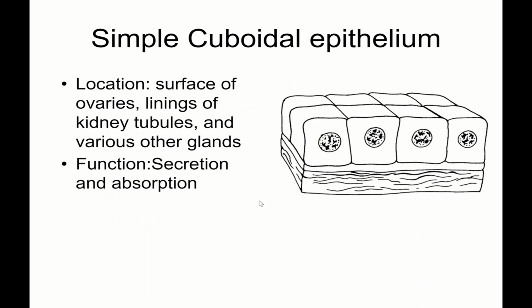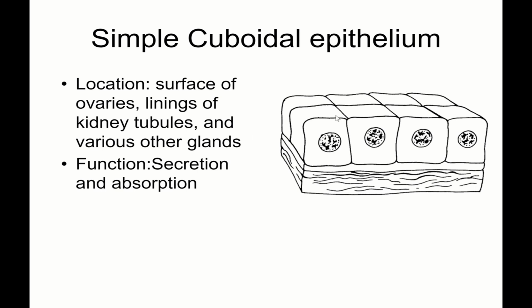Then you have simple cuboidal. This is, again, those cube shapes of cells. These are found in the linings of the kidneys. They're also found on the surface of the ovaries, and they are going to perform secretion and absorption.